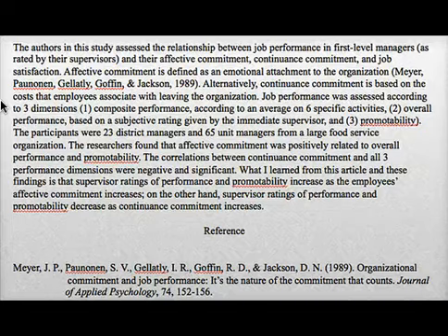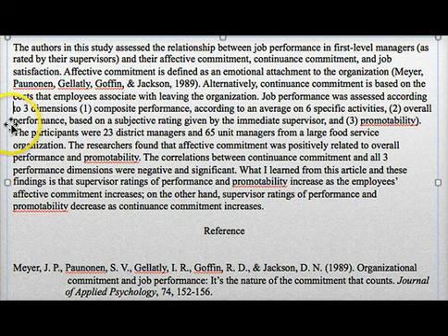And 3, promotability. So yeah, those were the 3 dimensions. So he's basically condensing probably what was 2 to 3 pages in the paper, their research findings, into 1 sentence here. So those are the 3 main ideas: composite performance, overall performance, and promotability were the 3 ideas.